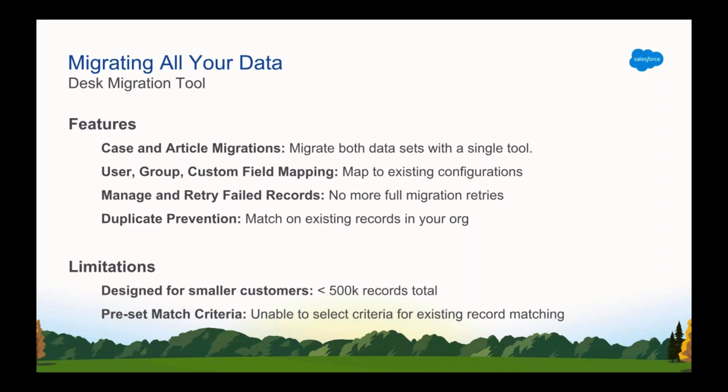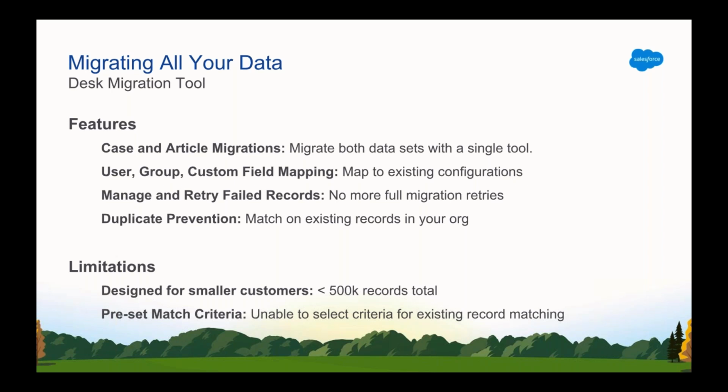It allows you to map users, groups, custom fields and standard fields, which really allows you to match the configuration and setup you had done previously, or if you have an existing org. It lets you manage and retry failed records; the SCMT tool would have to run the whole thing again if one record failed. And duplicate prevention: it matches on existing records, which is a nice plus.